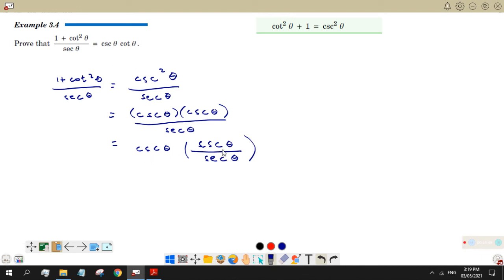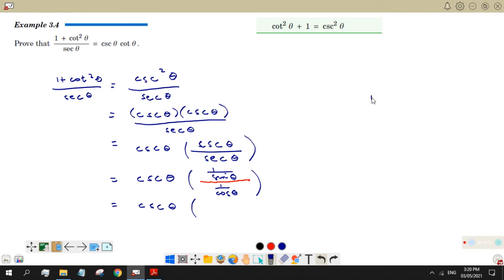So how are we going to simplify this one? What do we know about cosecant theta? So cosecant theta is equal to 1 over sine theta, right? Secant theta naman is 1 over cosine theta. Okay? So, retain lang tayo, cosecant theta on this one. And then, let's apply the rule in dividing fractions.